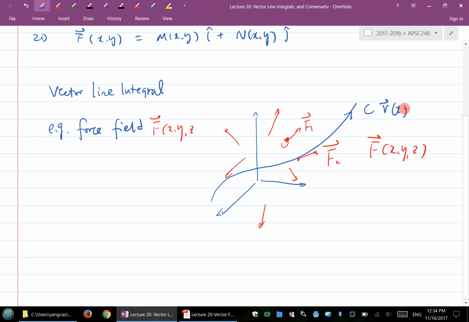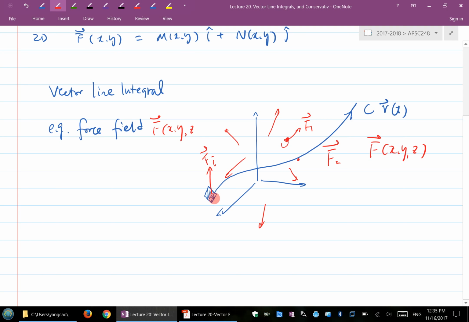Suppose you place a mass at the beginning of the curve C. At this location there is a force vector pointing in some direction, and the mass will feel the pushing of that force.